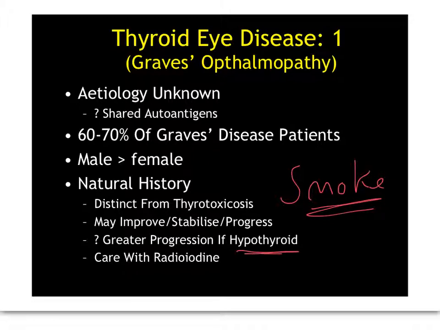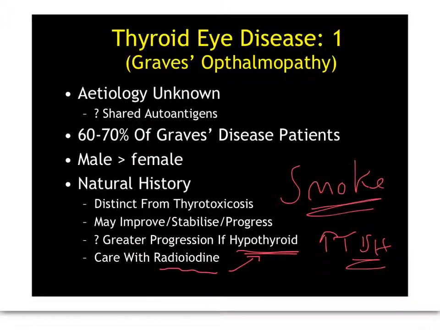We also know that if people develop periods of hypothyroidism associated with high TSH, that this can make thyroid eye disease worse.